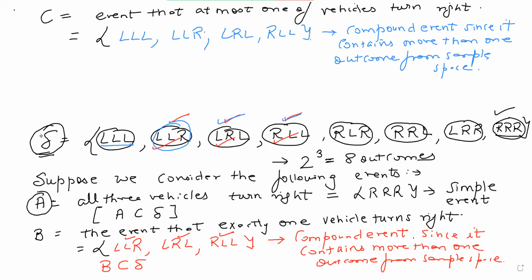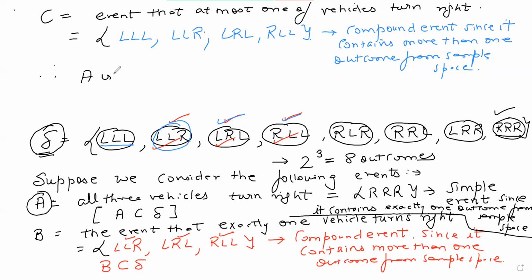And all students can see that event A was a simple event since it contains exactly one outcome from the sample space. That means, what do we learn? I can say, therefore, A is a simple event, whereas B and C are compound events.